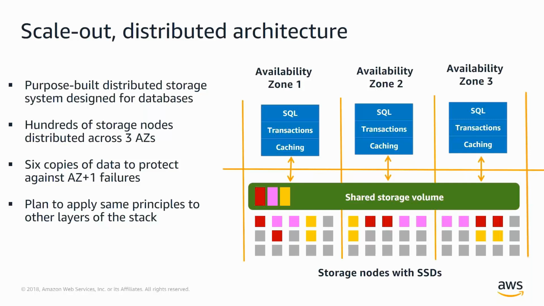It's also worth noting that those storage nodes themselves are compute resources. They have a significant amount of CPU and memory attached to them as well. If you look at this picture too, you'll notice that we have these other nodes that are in availability zone 2 and 3. With these, you'll note that they're all reading from the same storage layer, which means that when you perform a write to that storage layer, if one of those readers needs to read a page off the disk, they're reading from the same logical disk as what the writer is writing to.